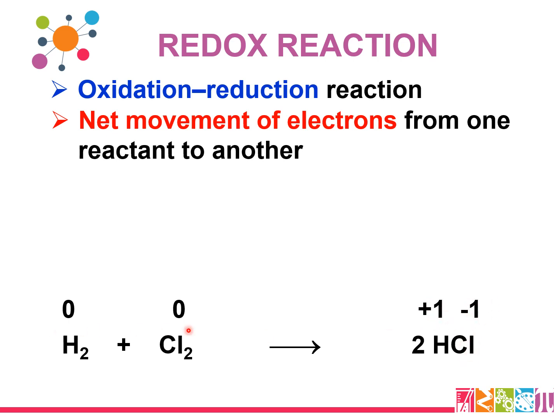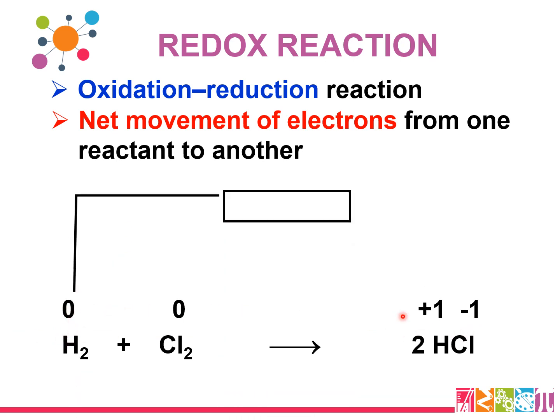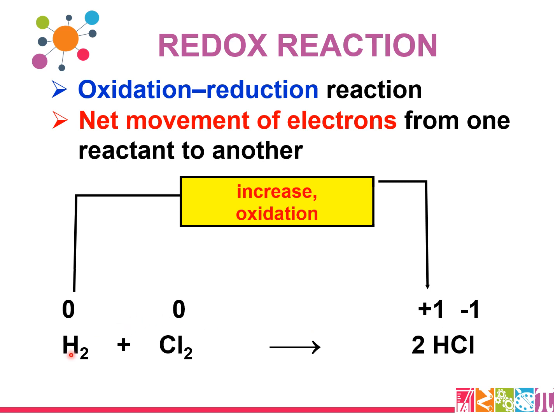So based on the oxidation number of hydrogen, which is 0 become positive 1. The reactant is 0, the product is positive 1. So increase in oxidation number. If the component increases in oxidation number, that means the component undergoes oxidation reaction.